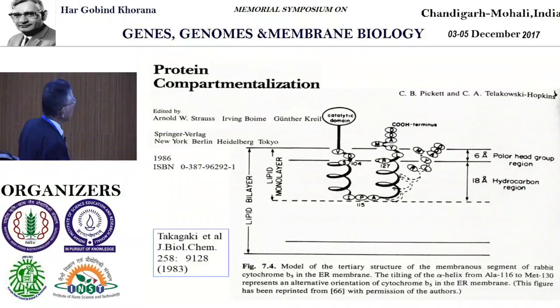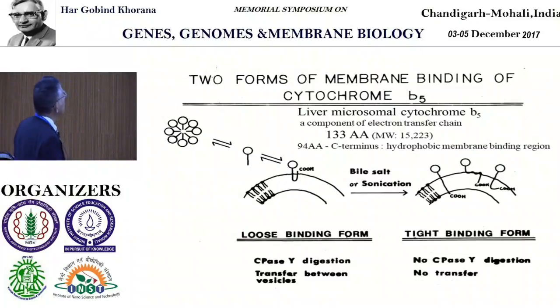So with that result, we speculated the membrane-bound area of the loose binding form, and this was figure 7 of my JBC paper, first paper. This was taken up by a textbook. It says permission of author, but they never asked our permission. So, the tight binding form.